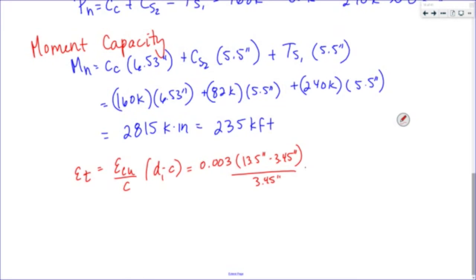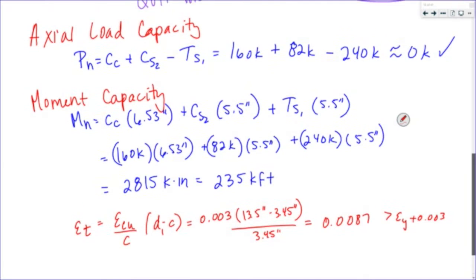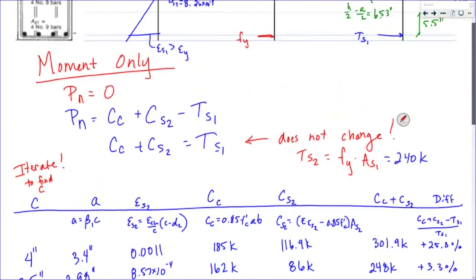That gives 0.0087, which is greater than epsilon y plus 0.003, which is about 0.005 because this is 60 ksi. So it's tension controlled, which is what you would expect. The c here is 3.45 inches.